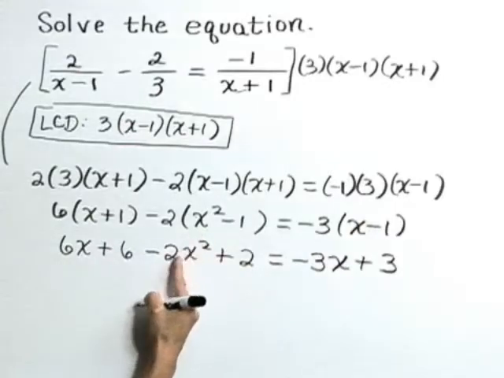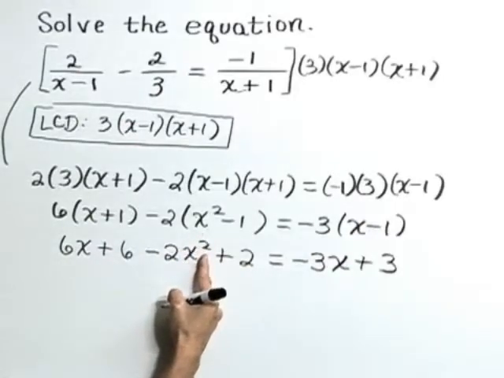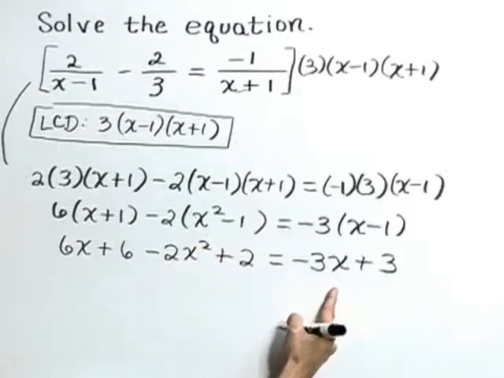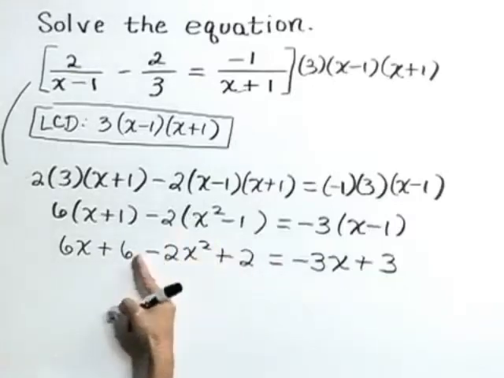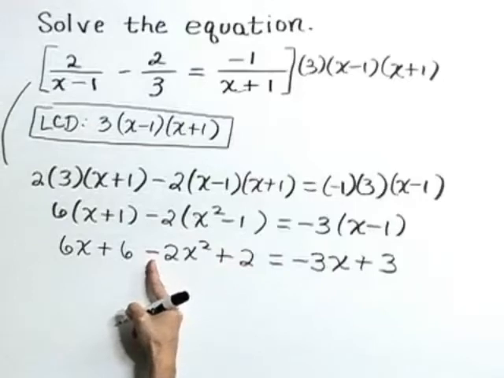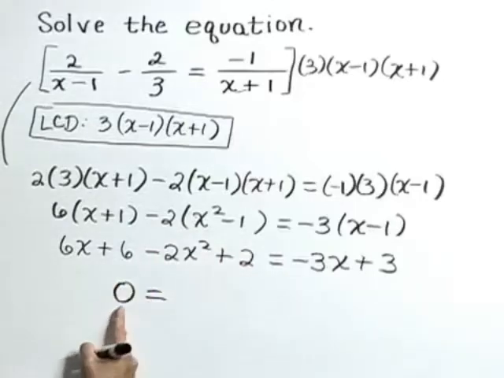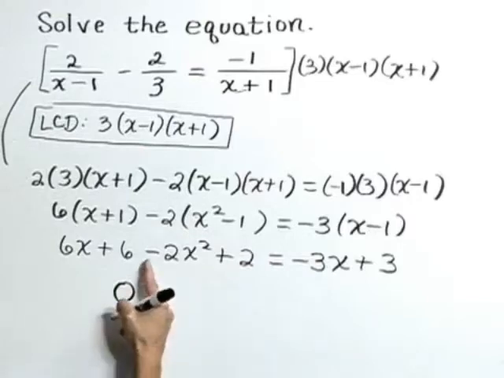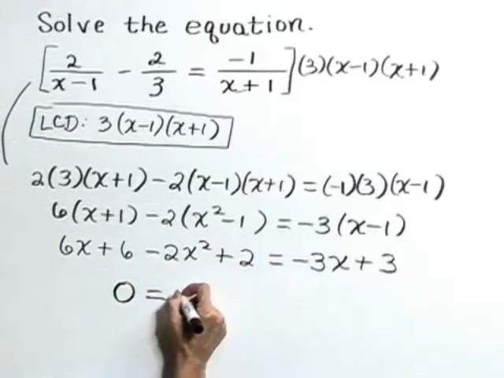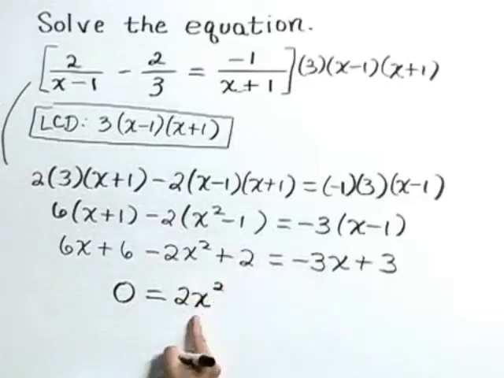So we're left with a quadratic equation. Let's go ahead and put this in standard form by moving terms all to the right-hand side so we can make this leading term a positive value. So I'm going to move things to the right, leaving 0 on the left. Adding 2x squared to both sides gives a 2x squared on the right-hand side.